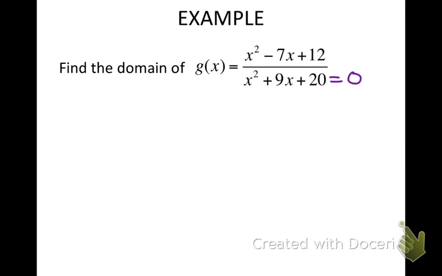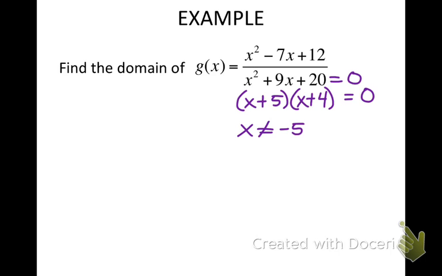Factors of 20 that get you to 9, like Ben said, would be x plus 5, x plus 4 equals 0. So what values would get you 0, or what are your zeros? Right. So x would not be able to equal -5 or -4.